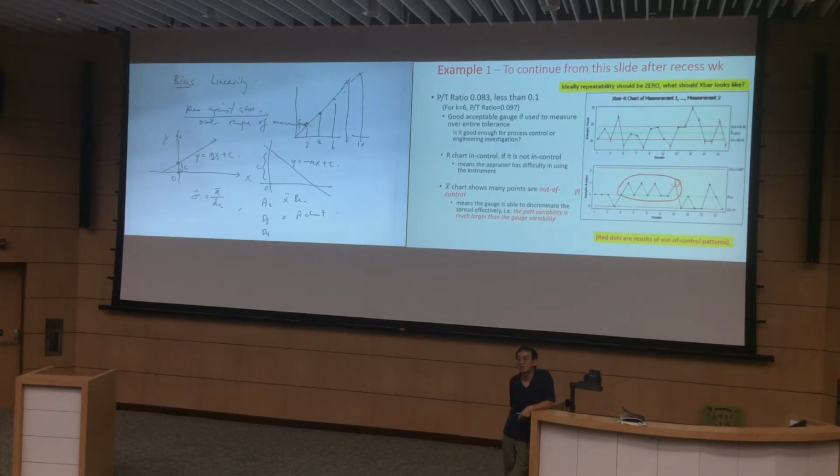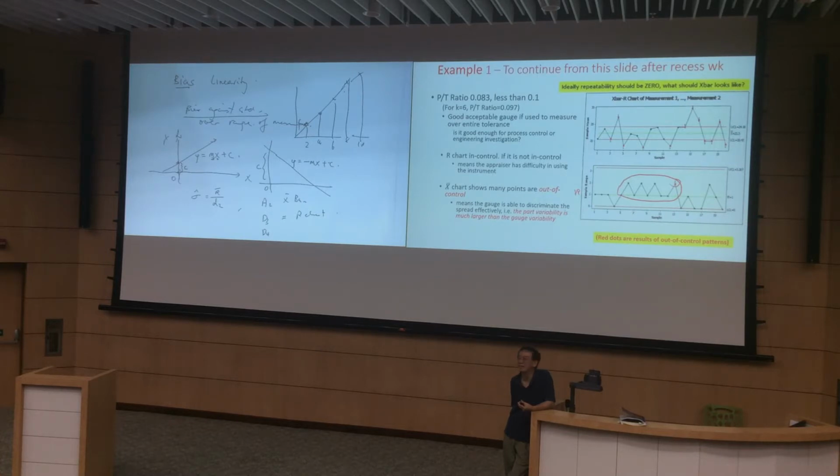When you look at the R chart, what does it tell you? One moment you measure the range is 0, one moment you measure the range is maximum swing. That means that the operator or the equipment may have some difficulty in using it, because the range is always swinging out.